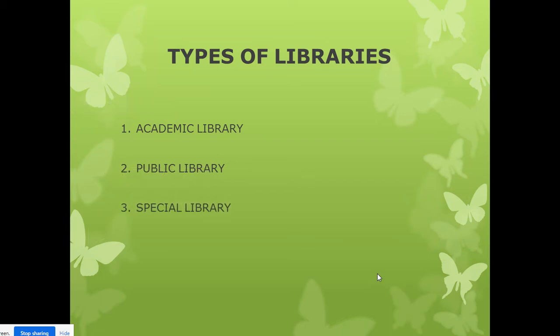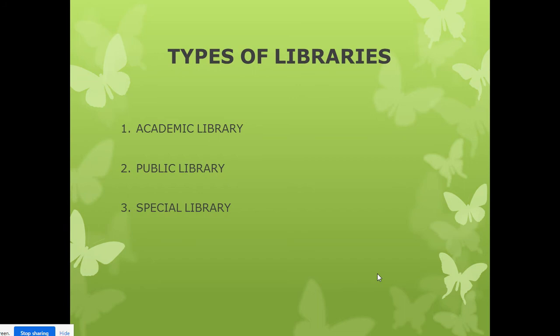Another is the special library. A special library is a library in which the whole collection belongs to a particular subject or a particular group of people. For example, if it is an engineering library, then all the collection will be about engineering.